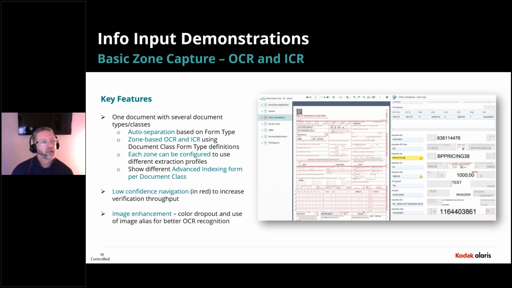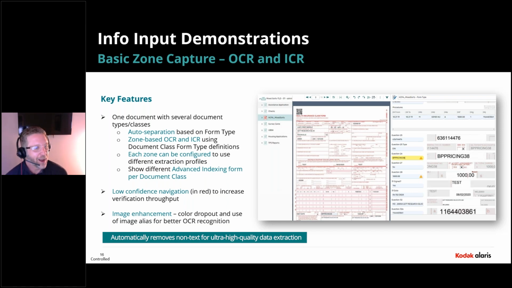Each document class or document type will have a different look and feel, like you can see here in this screenshot. Now, in this particular HCFA form, we do offer full image enhancement. One of those is what we call a color dropout. We can reduce the red, remove that so that we're not OCRing rogue lines and other words.